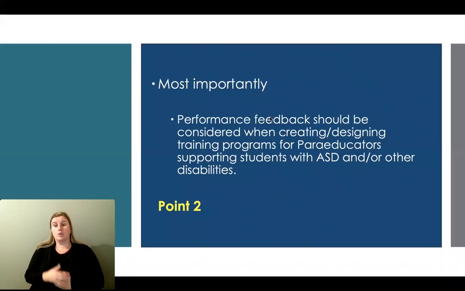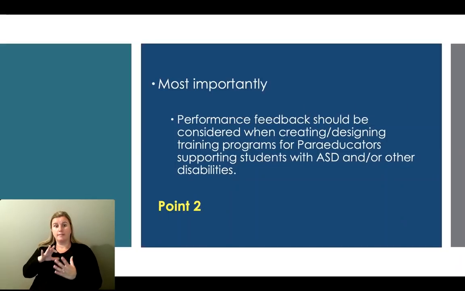So in our consideration of the importance of performance feedback in improving implementation fidelity of targeted practices, a critical component in adult professional development, being an evidence-based practice, with moderate to really strong effects as an intervention for changing people's behavior, staff's behavior, it is critical to consider this point.